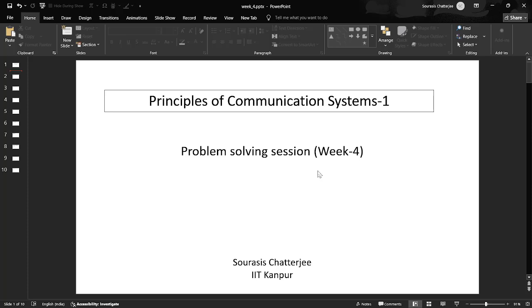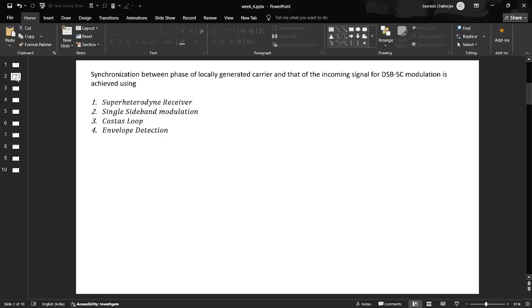We'll discuss two seemingly better options we have: quadrature amplitude multiplexing or QAM, and another is SSB or single sideband modulation. So now let us move to our first question of today's session.